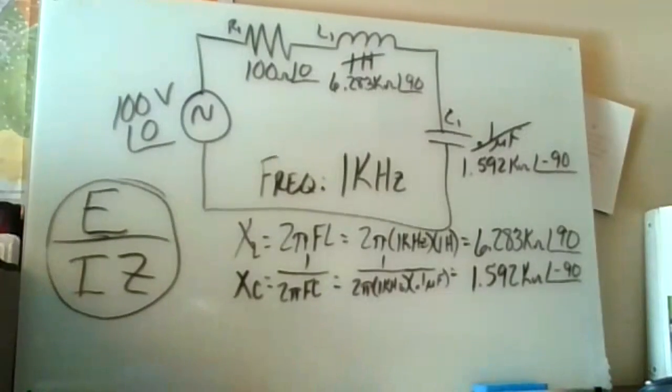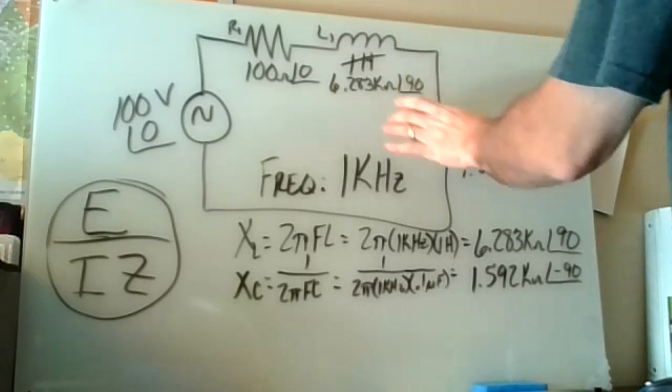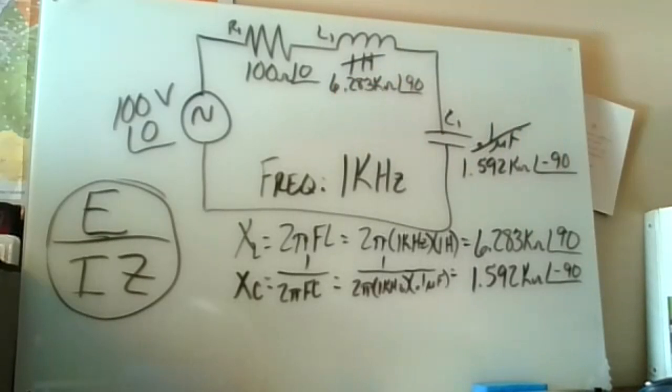Instead of being E over IR, it's now E over IZ. Z is your impedance, because we can't say it's resistance because we're finding a capacitive and an inductive reactance. So it's an impedance. So we're going to find our total impedance.